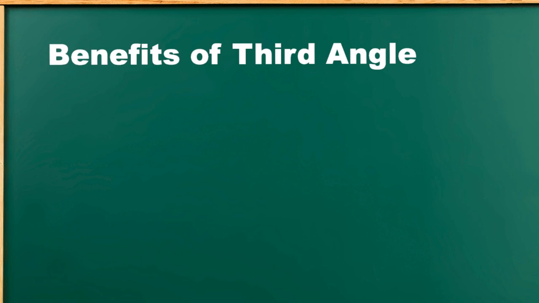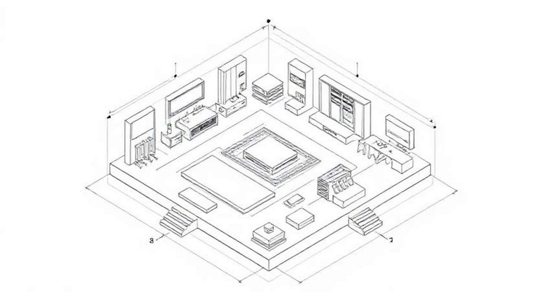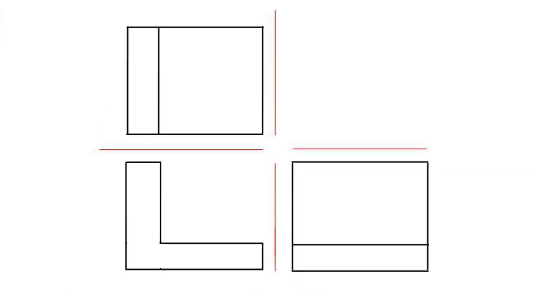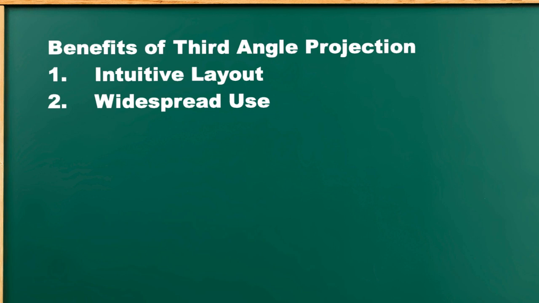Now, let's talk about the benefits of third angle projection compared to first angle. 1. Intuitive layout. In third angle projection, the views are arranged in a way that mimics how you see the object in real life. For example, the top view is placed above the front view, which feels natural to most people. 2.